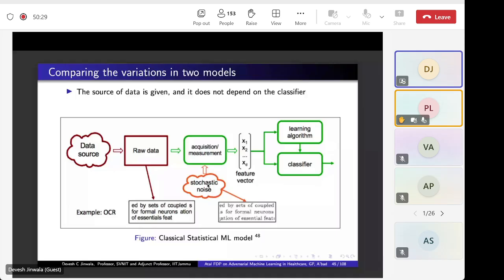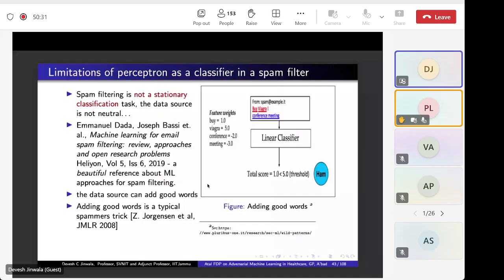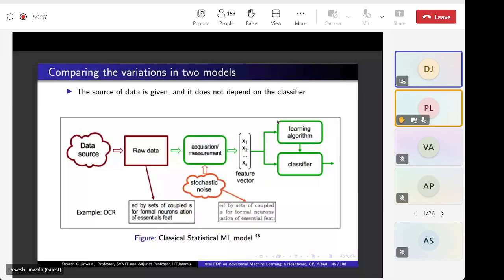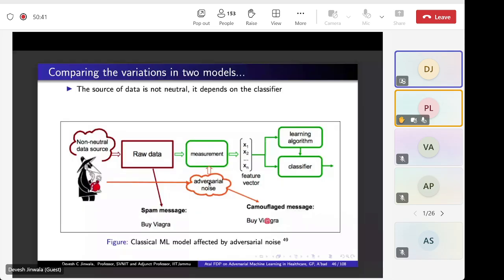But what would you say about this conference meeting which adversary has deliberately induced? That is under control of the adversary. So the model which we have now is something like this. Instead of remaining a random noise, it is no longer random noise. It is the noise controlled by the adversary. Something which is controlled by the adversary would behave as per what the adversary wants, and that would lead to failure of the model.